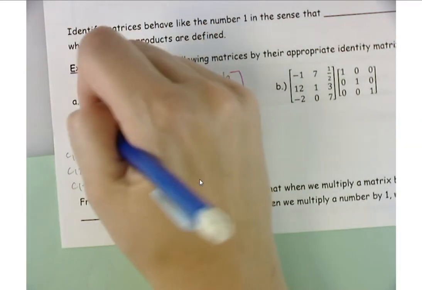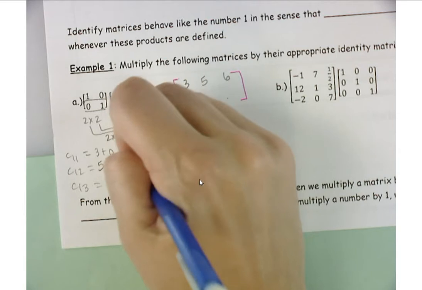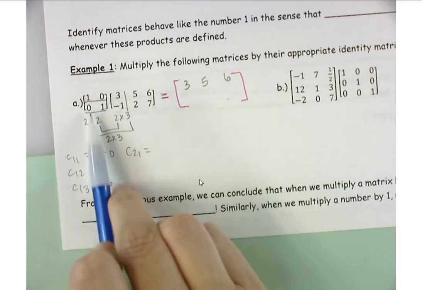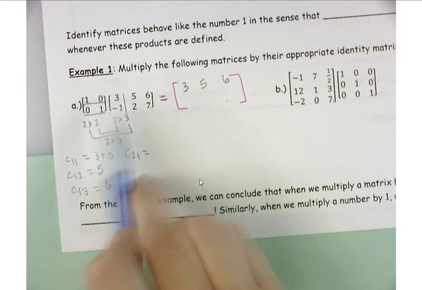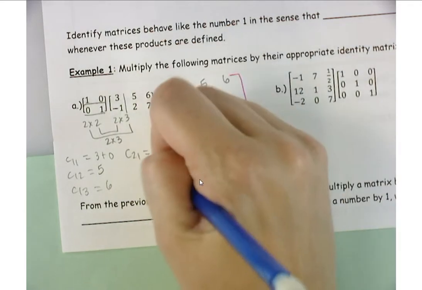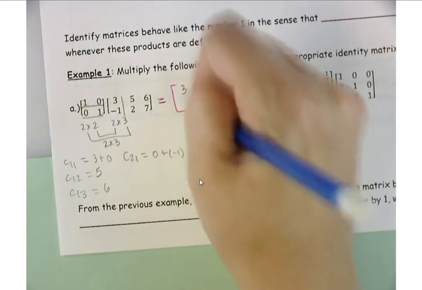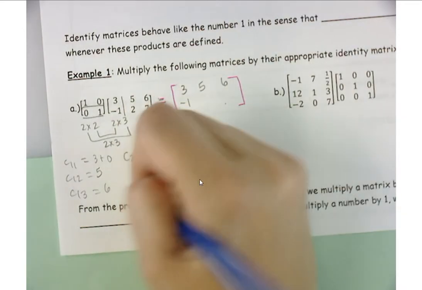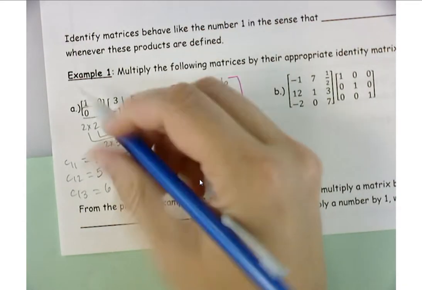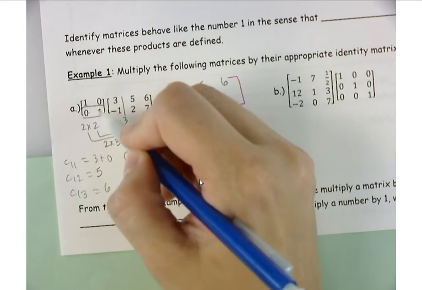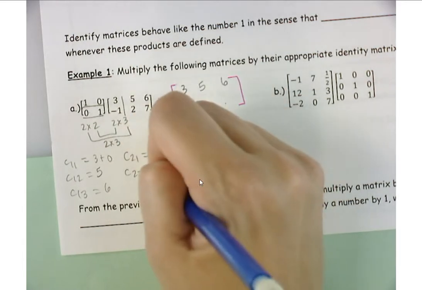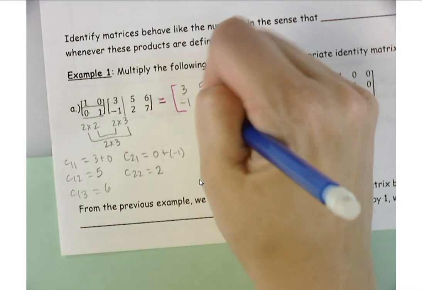When I go to the second row, see how I have 0 here? So when I multiply by the first one, I always get 0 first. And then 1 times negative 1 is negative 1. So that's what my result is going to be. So the first one is always 0. And then you're just doing 1 times the second, which is giving you 2.